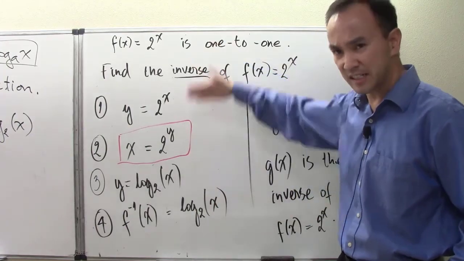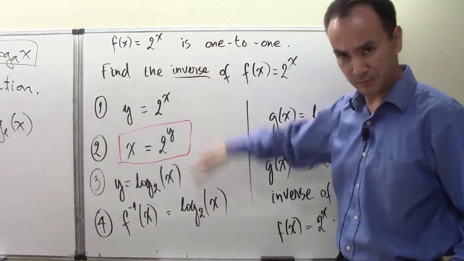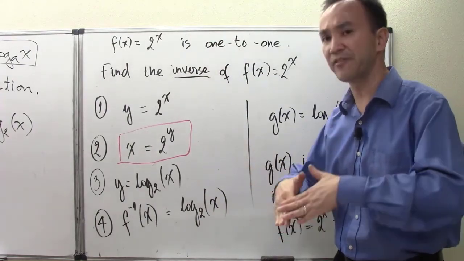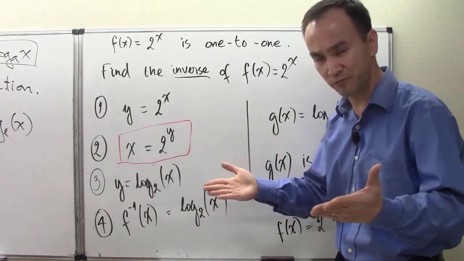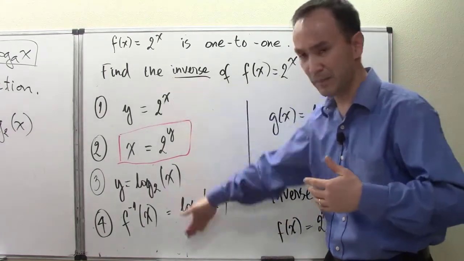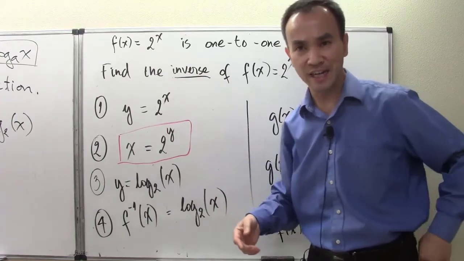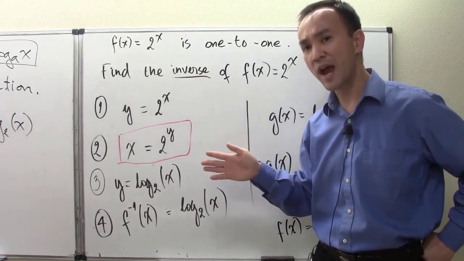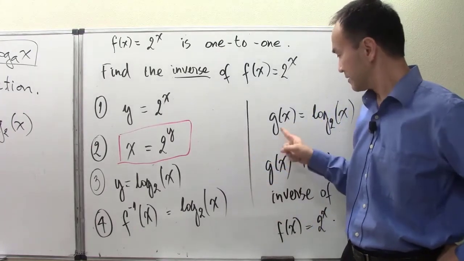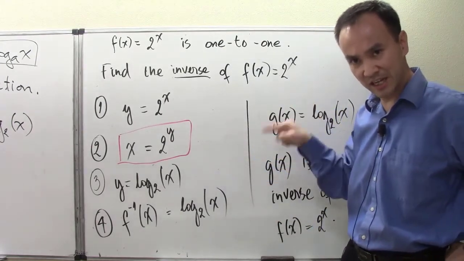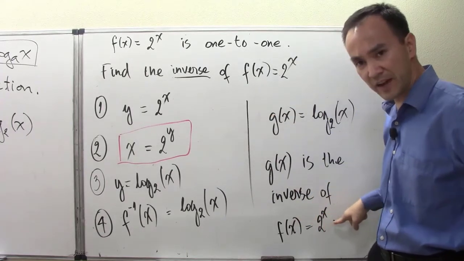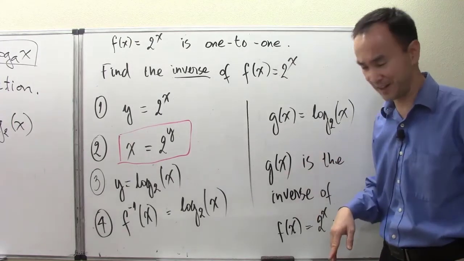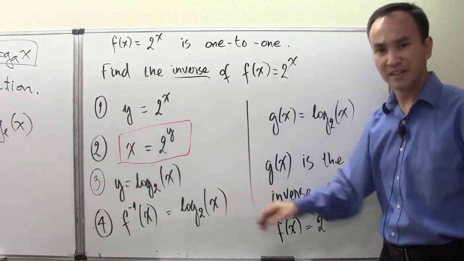If any one of us does not remember this particular method, or in case anyone learning from this lesson does not recall these steps to find the inverse function, we can alternatively have a different way to convince yourself that log base 2 of x is the inverse of f of x, being 2 to the x. And of course, I'm still talking about this without looking at the graph.